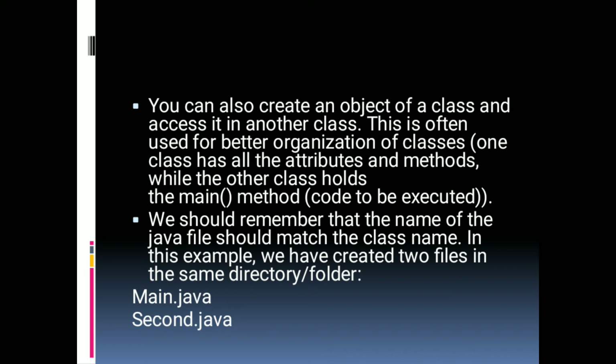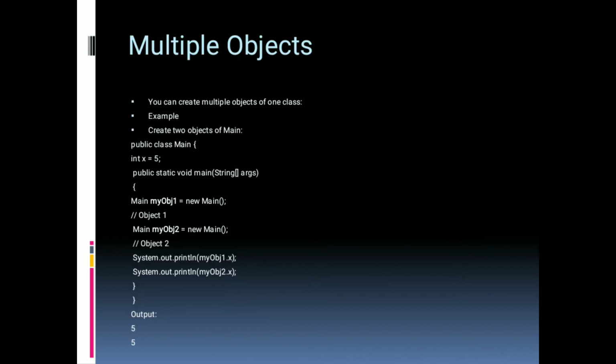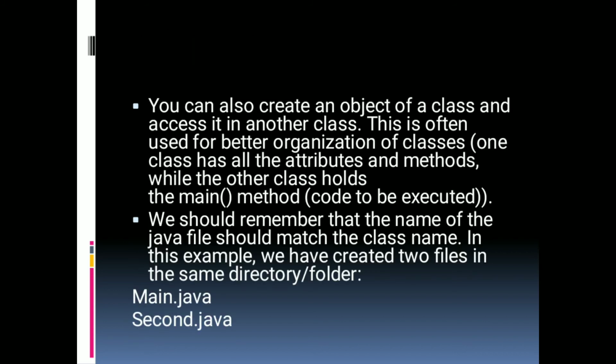In this example we saw how to create an object in a class and access it in another class. So creation of objects is very helpful for better organization of classes.